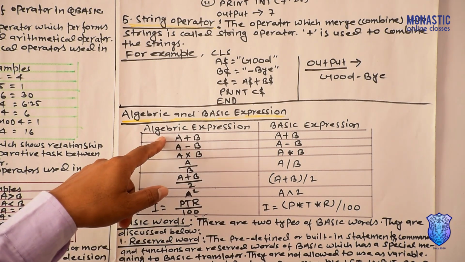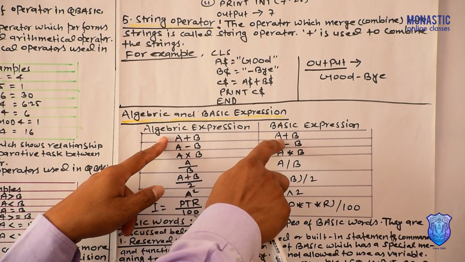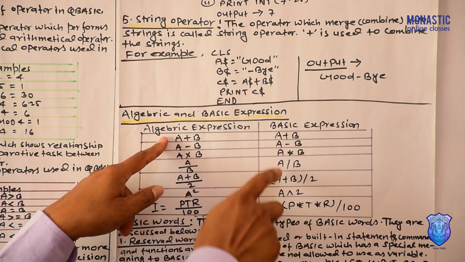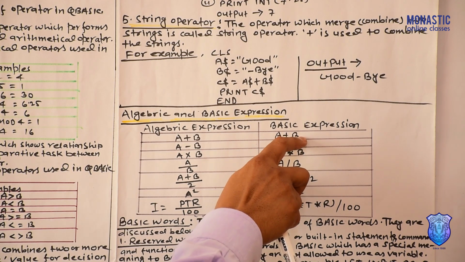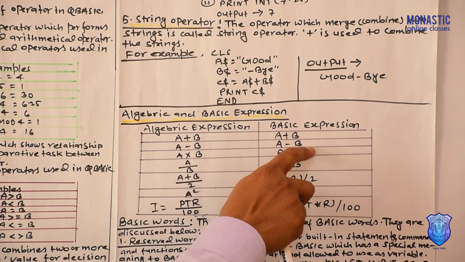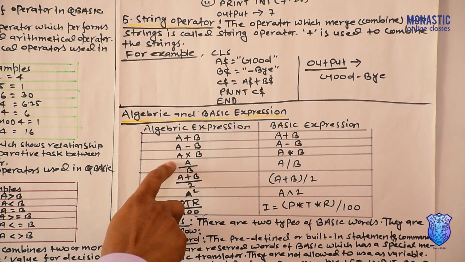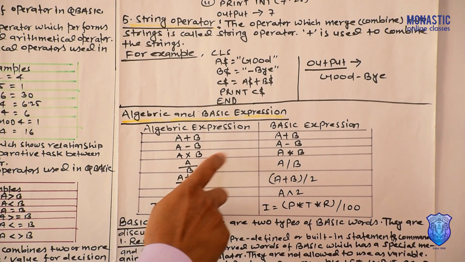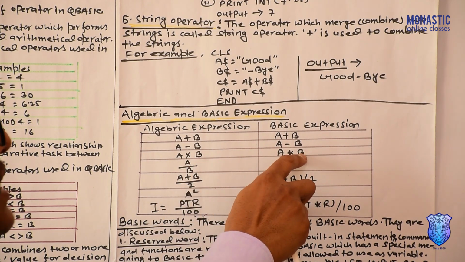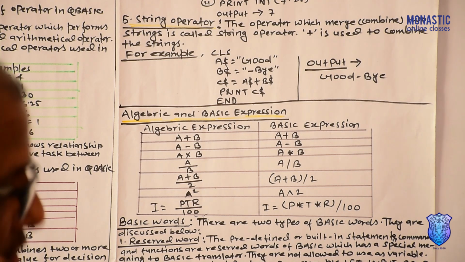See here, A plus B is written the same in QBASIC: A + B. A minus B is the same as in mathematics: A - B. A cross B in mathematics is written as A * B in QBASIC.